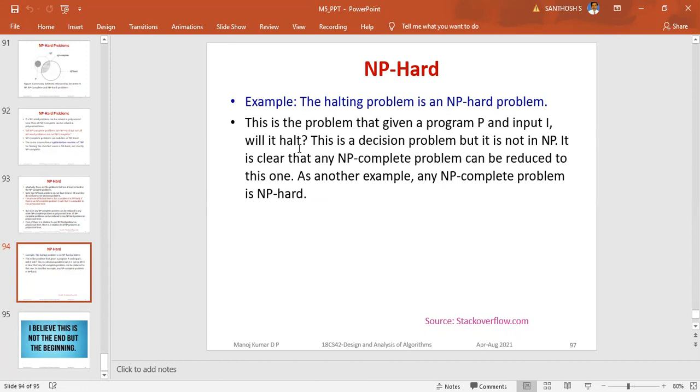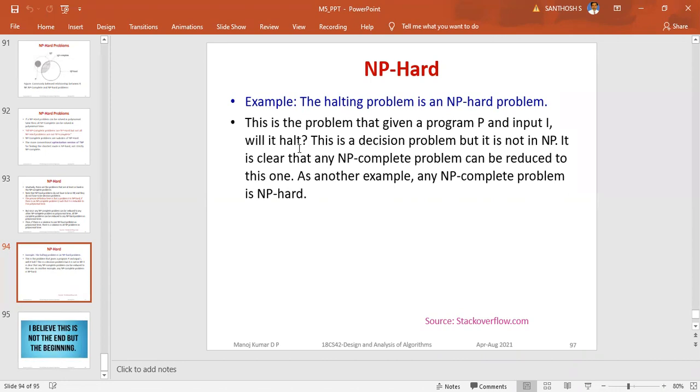Now we come to the halting problem. What is the halting problem? The halting problem is an NP-hard problem: given a program P and input I, will it halt?